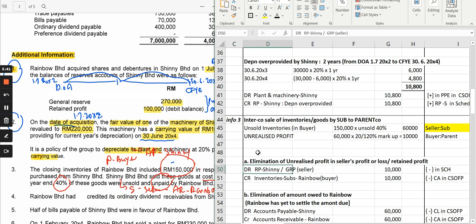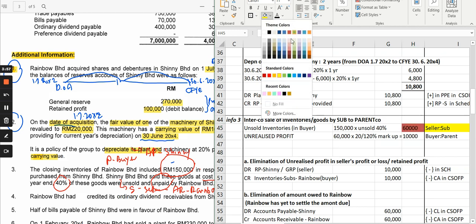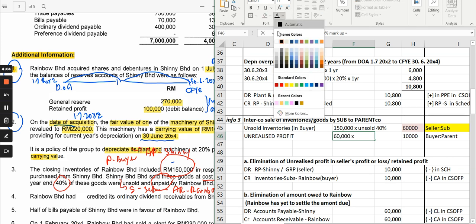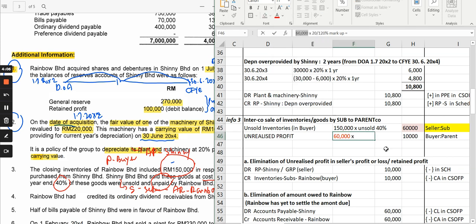So seller's retained profit will have to remove the unrealized profit. So for the elimination of unrealized profit, you need to first calculate how much: 20 over 120, which is the markup, multiplied with the unsold inventory. So this is the unsold inventory, 60,000. This unsold inventory of 60,000 will have to be adjusted, right? This is the same 60,000, and multiplied by the markup given, so you have 10,000.